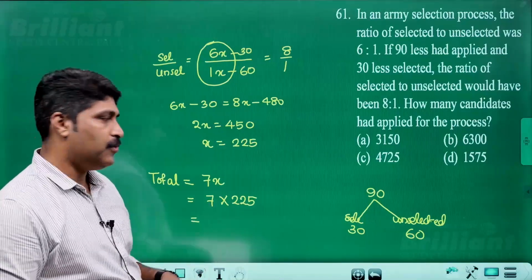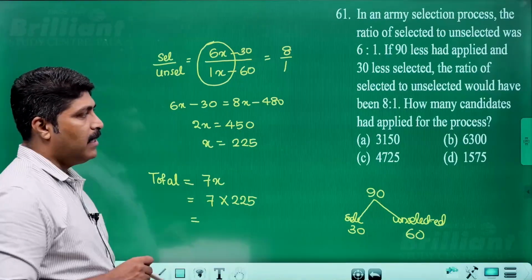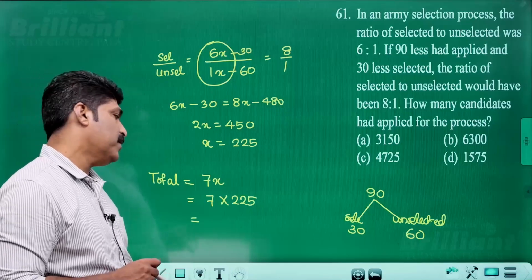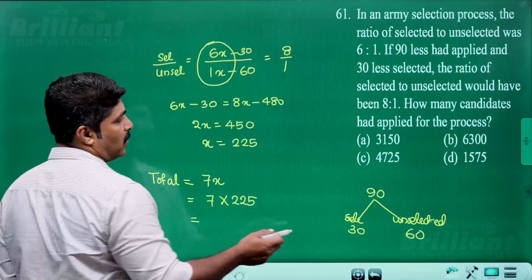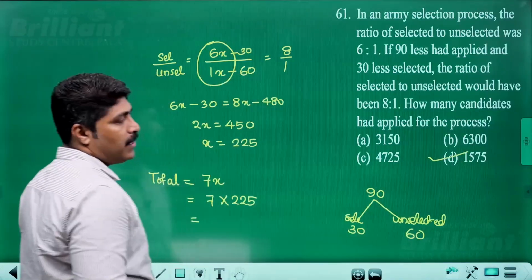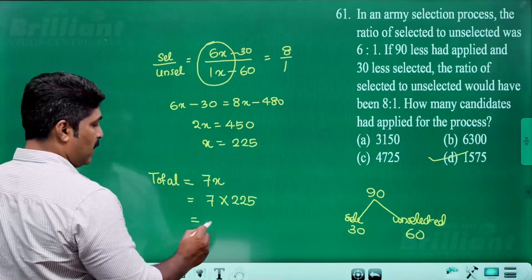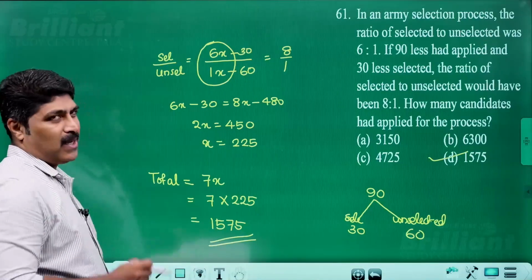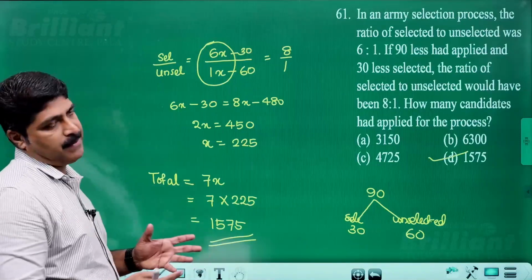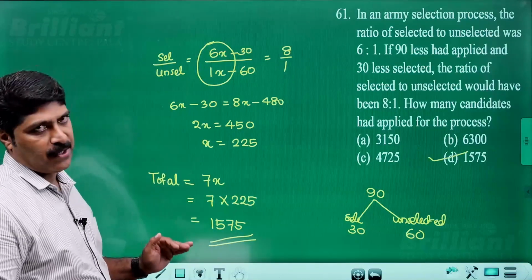What is 7 into 225? Here, that will end in 5, and we know it's in the 1,500 range. Look at the options. This is the only possible value here. So this product is 1,575. That way also, you can skip the final step of calculations.